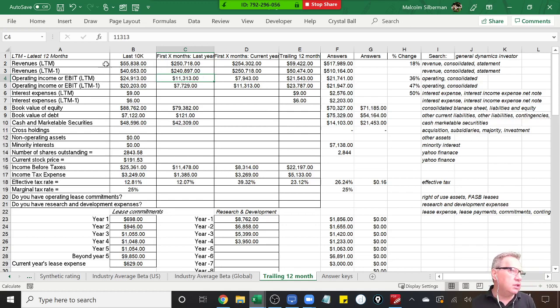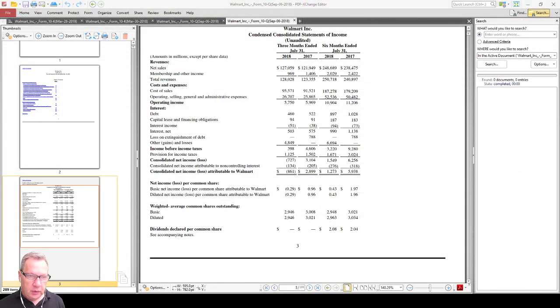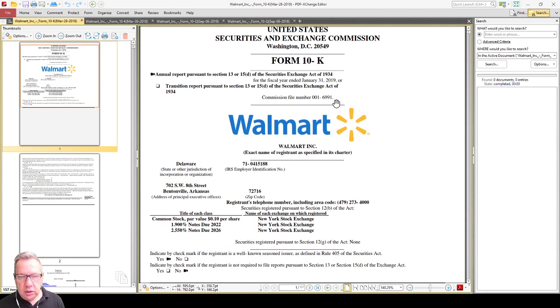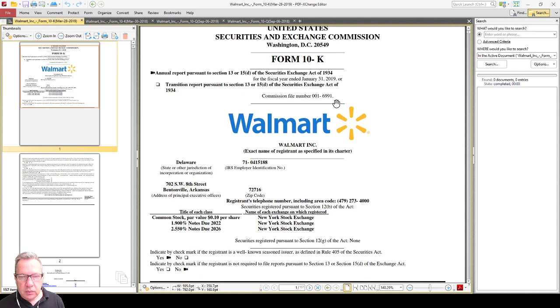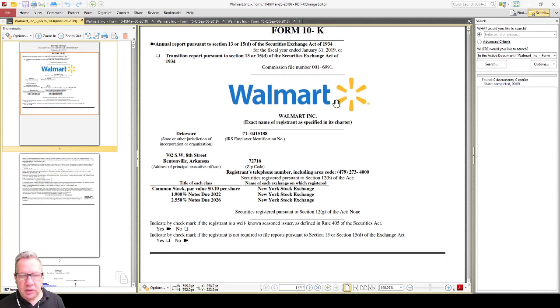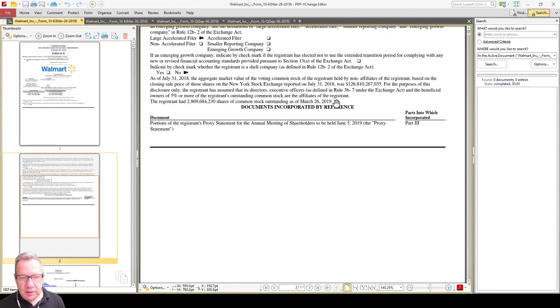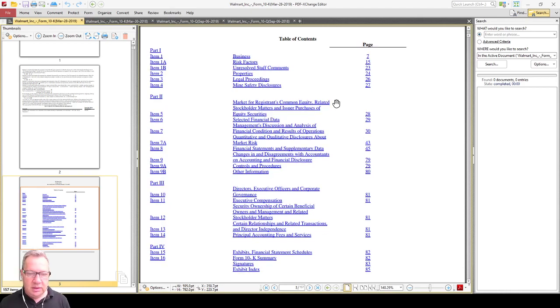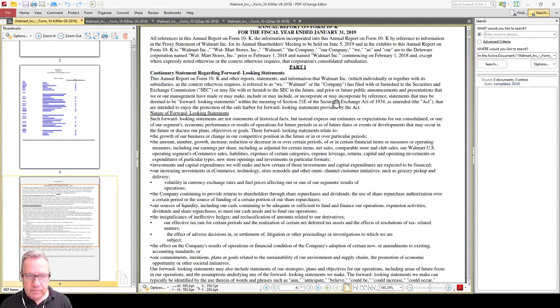Why don't we, just for completeness, switch to the 10K. So if we look at this 10K, you see there January 31st, 2019. So that was issued, their fiscal year is January 31st. Wow. Okay. That's weird. So actually I'm a month incorrect, but it doesn't really make a difference.